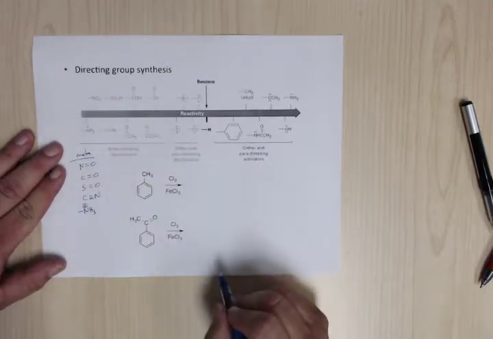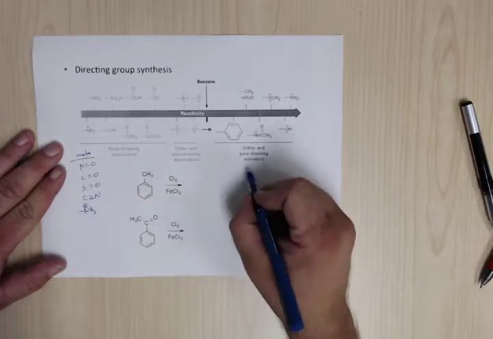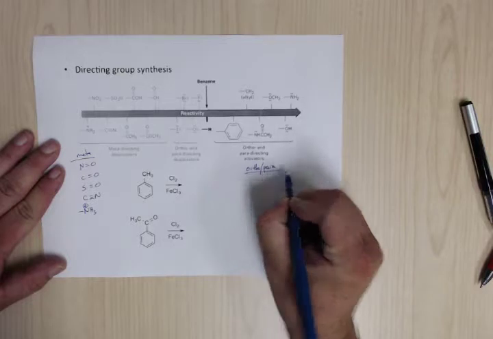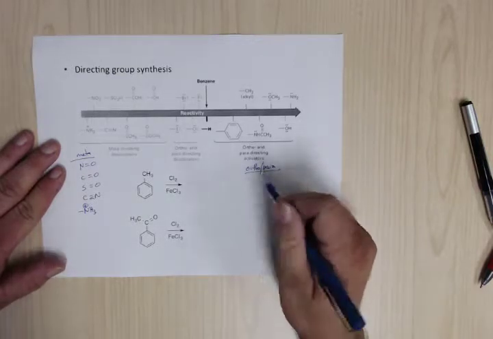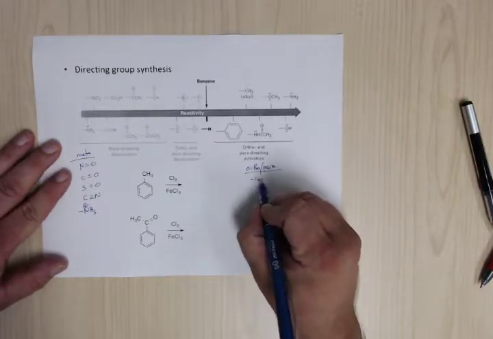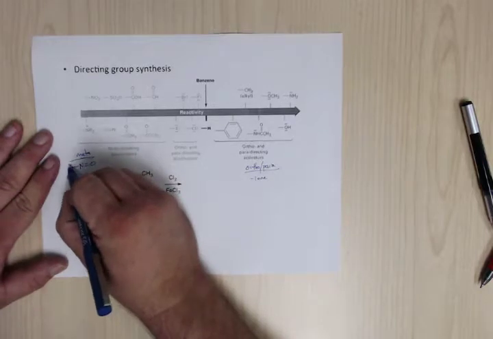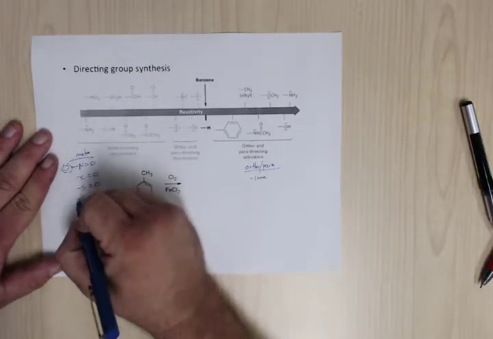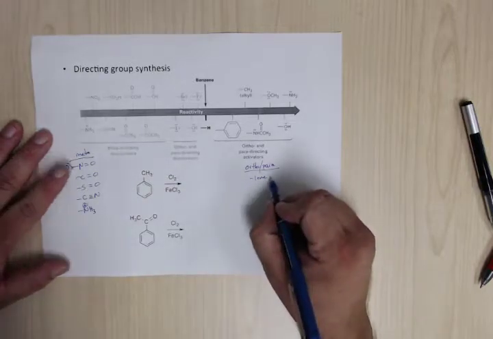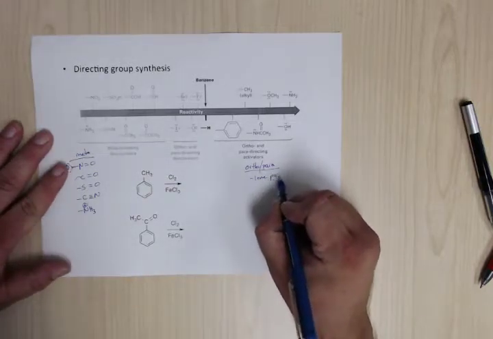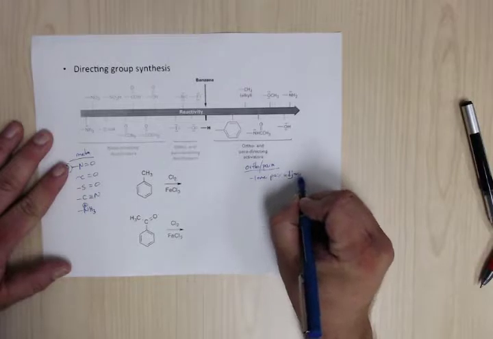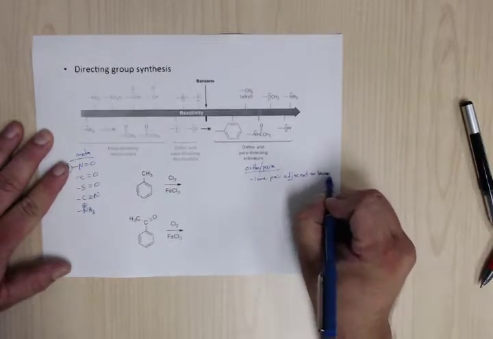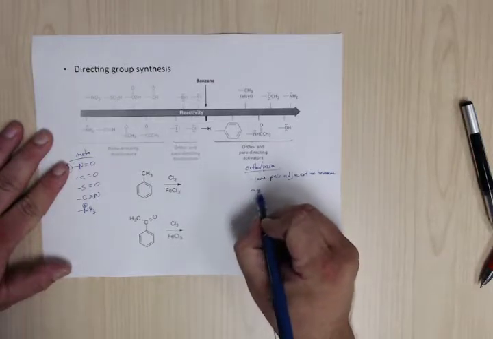The ortho-para directors are going to be things with lone pairs. This is always going to be right next to the ring, adjacent to the ring. These are going to be lone pairs adjacent to the ring, to benzene. Or it's going to be an alkyl group.